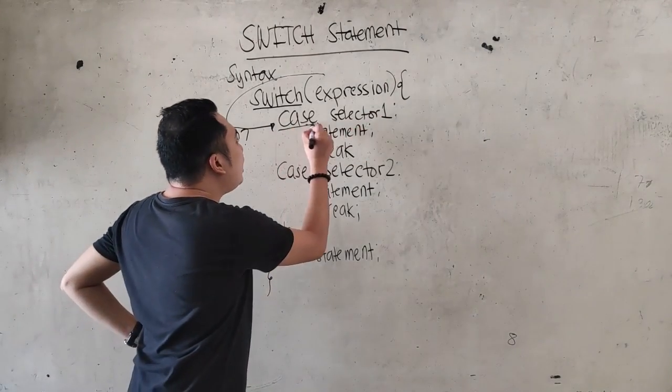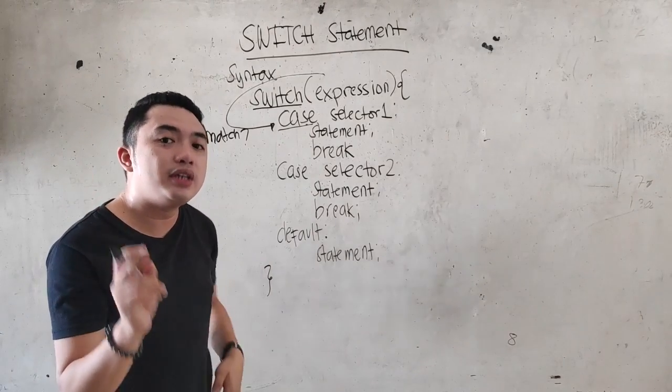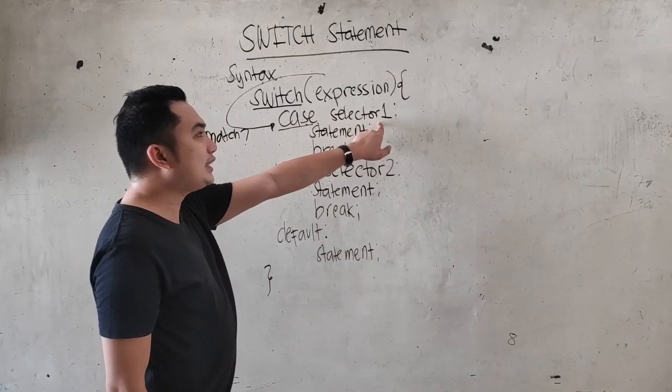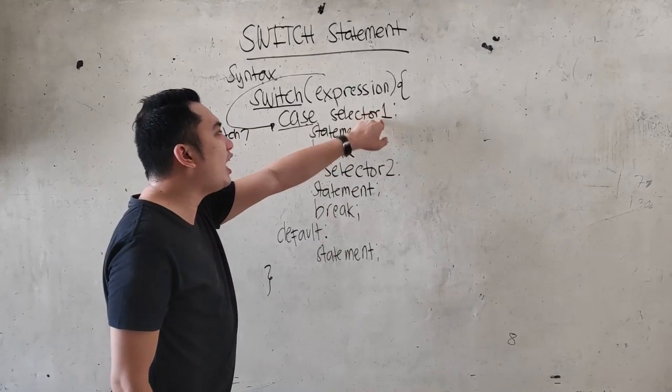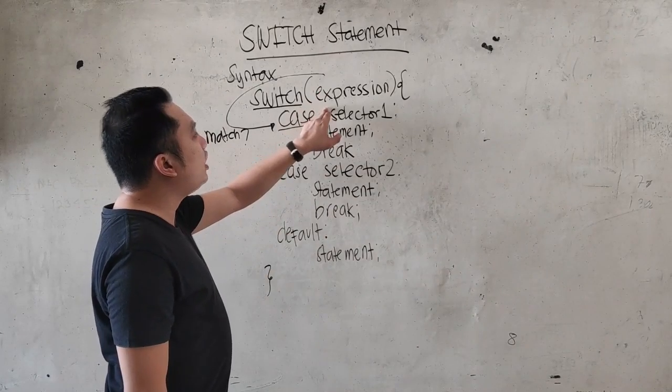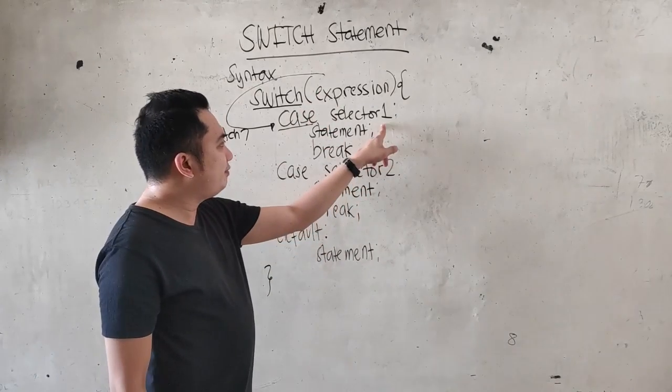The case here is a constant, so it should be written as is. Selector 1 is another expression. It will be tested by the switch statement if the expression matches selector 1.